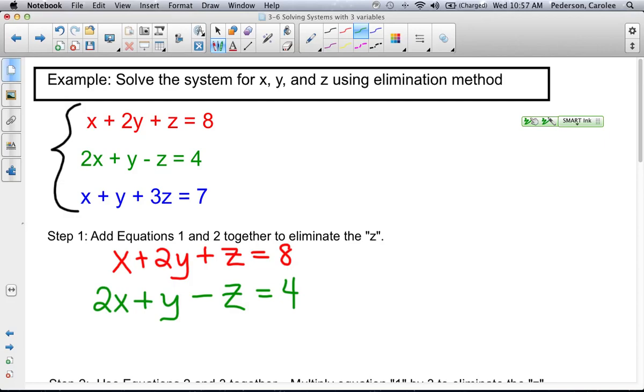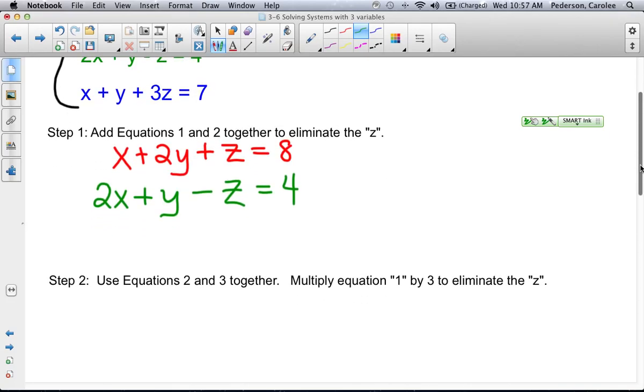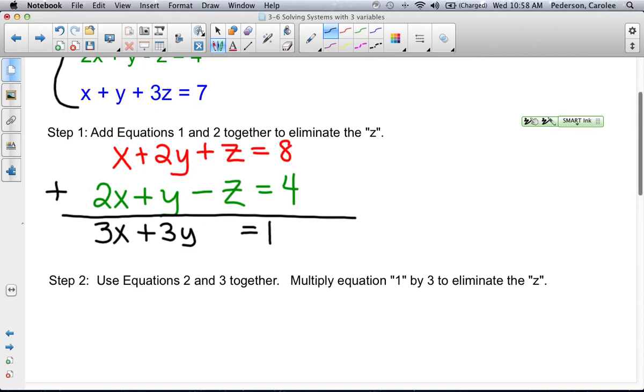I'm going to add them together. x plus 2x is 3x. 2y plus y is 3y. Positive z plus negative z cancel out. And 8 plus 4 is 12. Now again, we're going to refer back to this black example in a little bit.